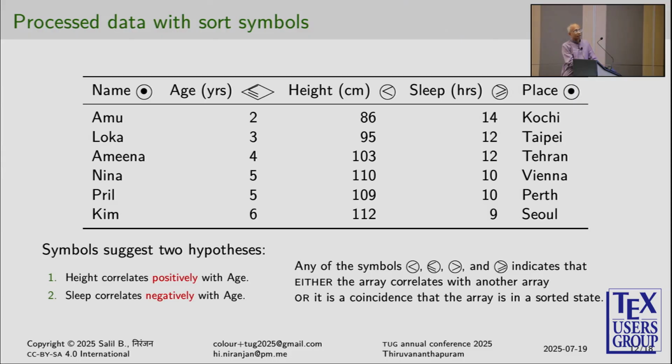This one is sorted. Sleep hours are sorted in the descending order. Oh, sorry. Yeah, this is sorted in the ascending order: 86, 95, 103, 111, 110. Oh, 109. I goofed. This is a mistake, but yeah, it should get sorted.